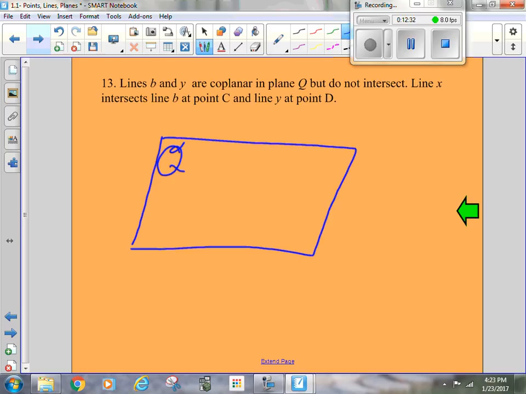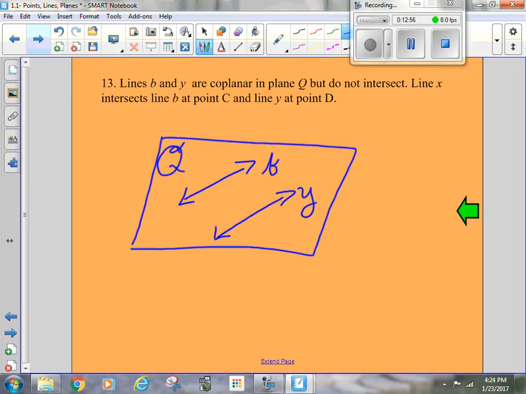which I'm going to label with a capital script letter. And then I have lines B, which I'm going to label with a lower script letter, and Y, and they do not intersect, so they're parallel.